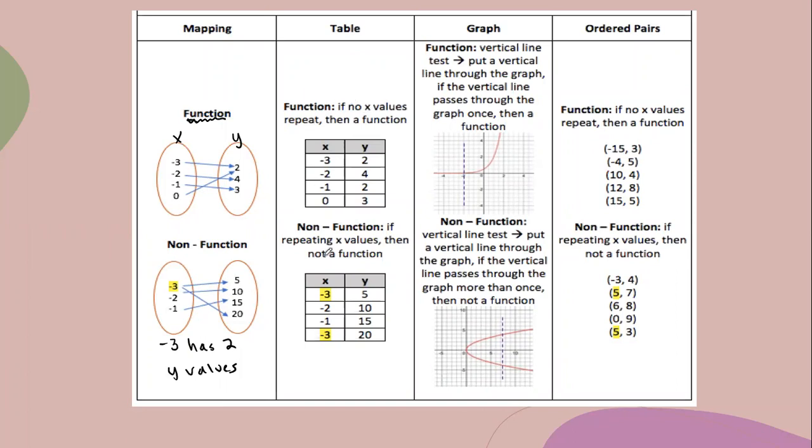Looking at these tables. -3 is with 2. -2 is with 4. -1 is with 2. And 0 is with 3. Does every x only have one y?